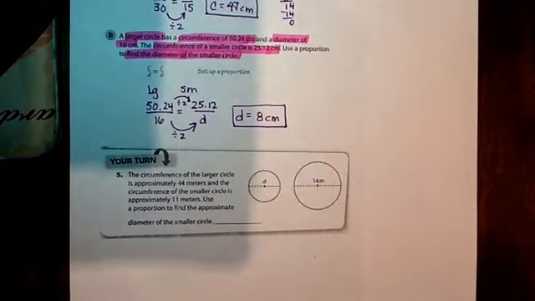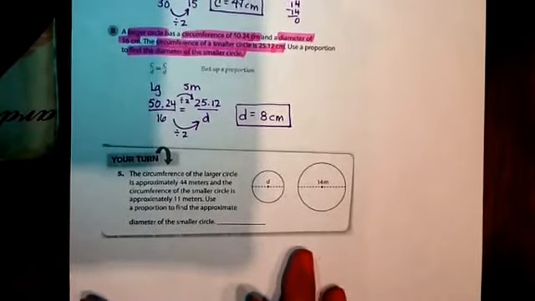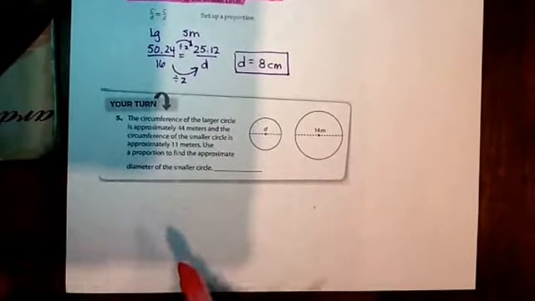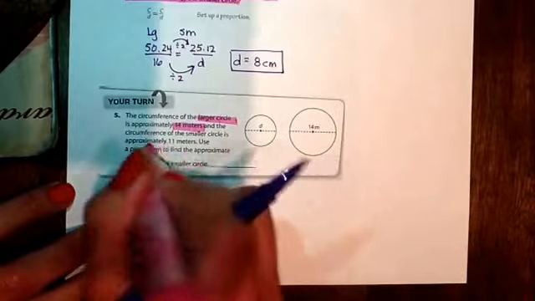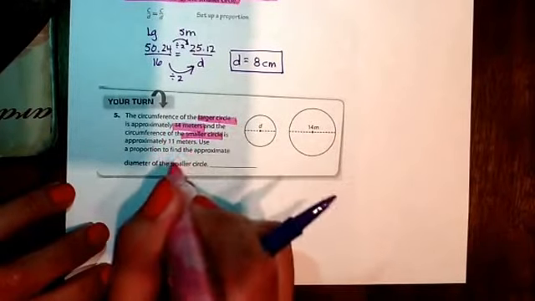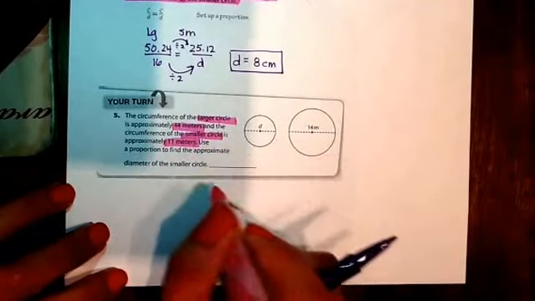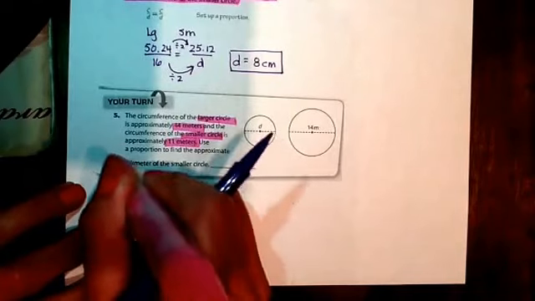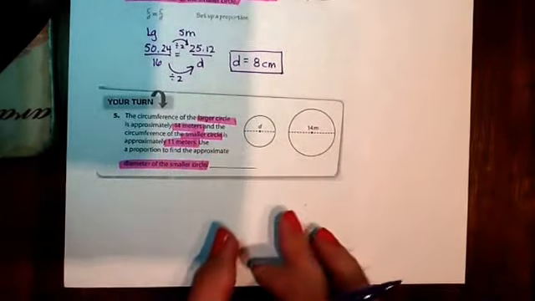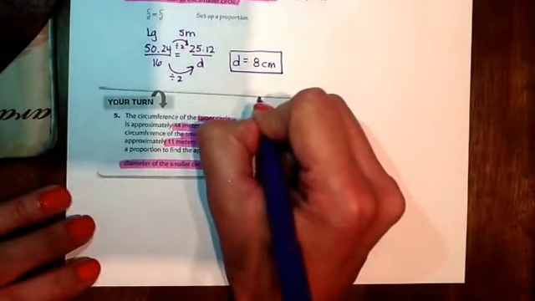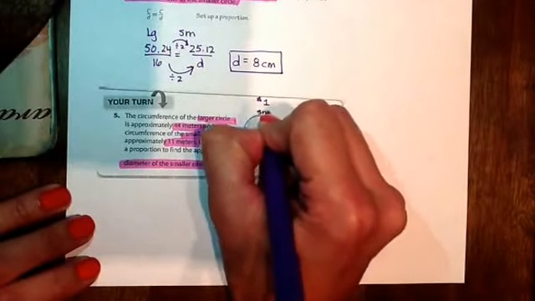Okay, so on this one, it says that the circumference of the larger circle is 44 meters, and the circumference of the smaller circle is 11 meters. So this time, you're using a proportion to find the diameter of the smaller circle, and this one has a picture. So you could go ahead and say, okay, circle number 1 is my small circle.